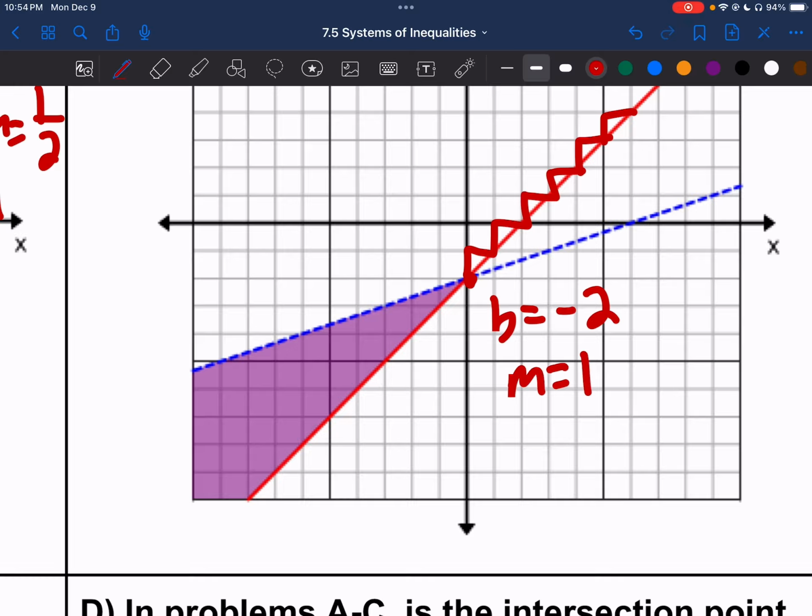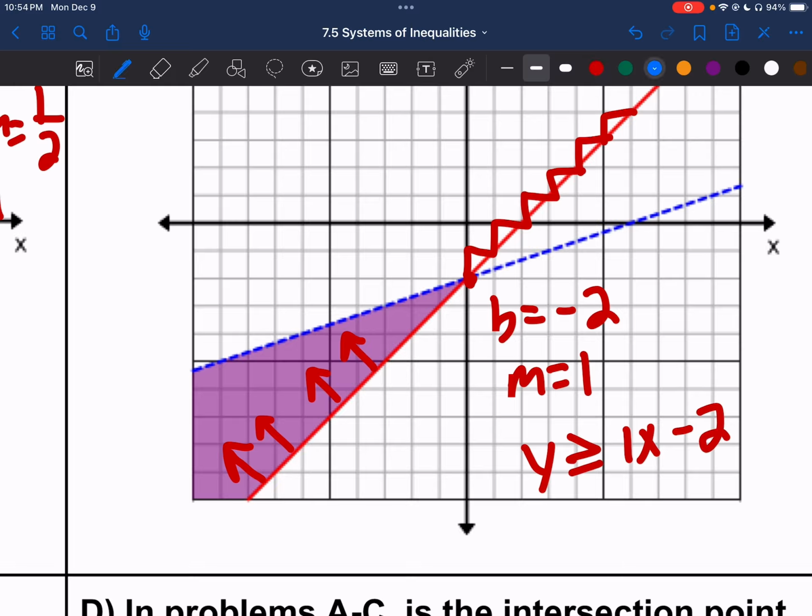And where am I shading it? Well, if we're looking at our overlap, I'm seeing that my overlap has to be above the red line, right? So we're shading this one above, so it's going to be greater than. So we write our inequality. Y is going to be greater than or equal to, because it's a solid line and we're shading above, our slope, 1x, minus our y-intercept of 2.